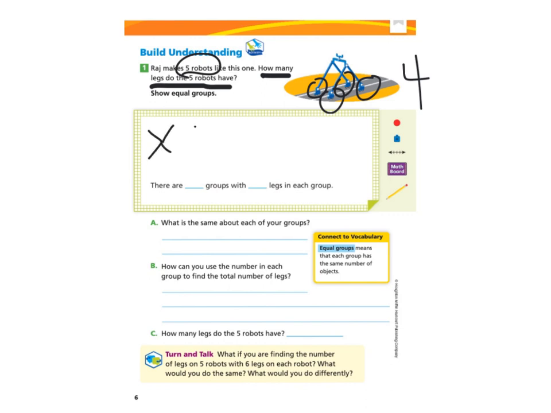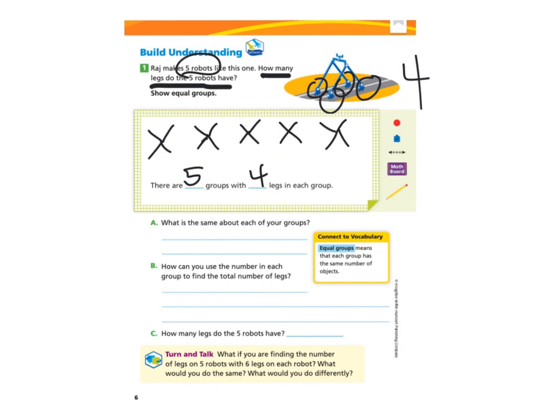You can do that now as well in the green box. Great. Now I have 5 robots with 4 legs, and I'm looking at the sentence inside the box. There are 5 groups with 4 legs in each group.